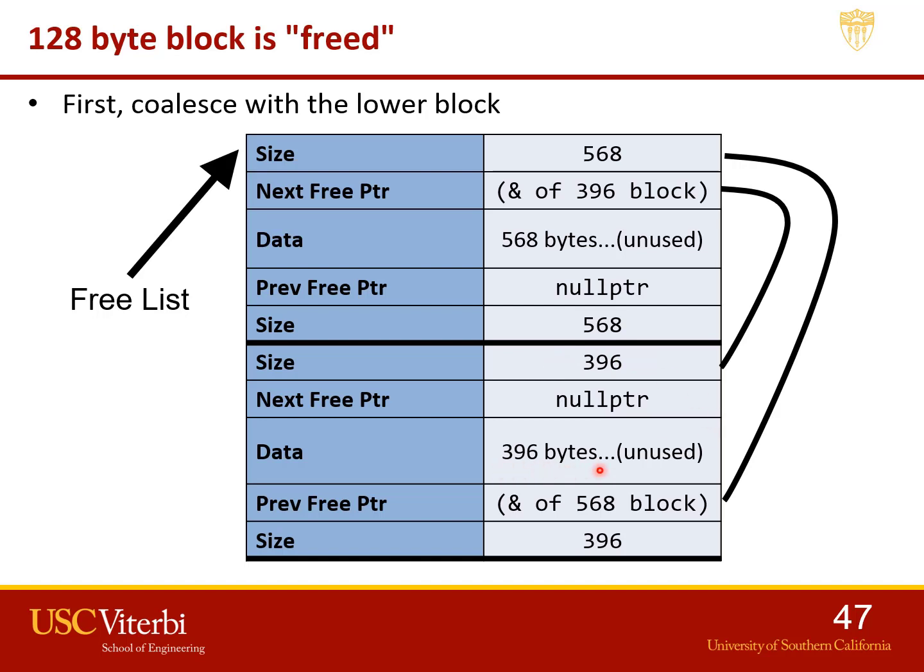So now we have 396 available, and we just have to fix up that the next pointer here was still correct. It was pointing to our header, so that one's fine. But the back pointer here needs to be fixed to point back up to what used to be the back pointer of that node. And that allows us to collapse that node into two.